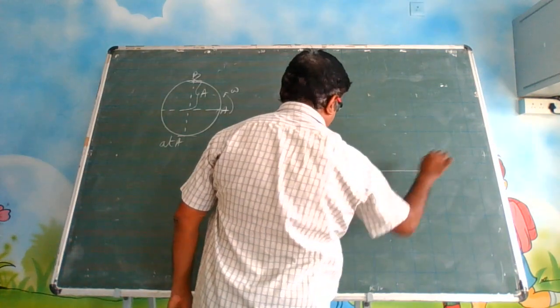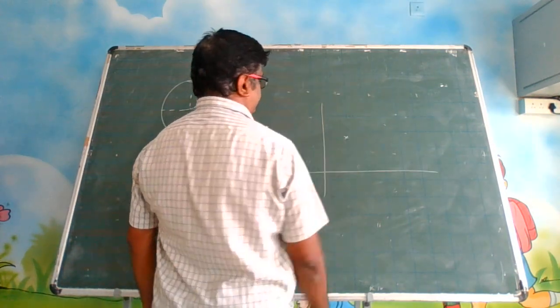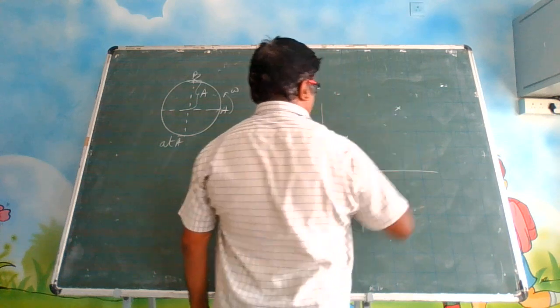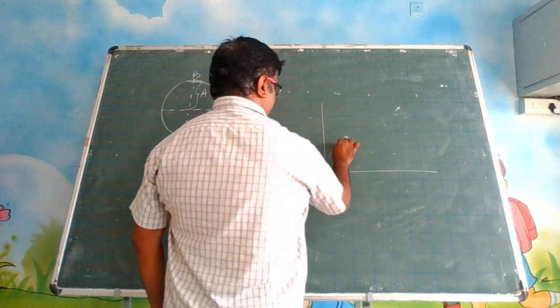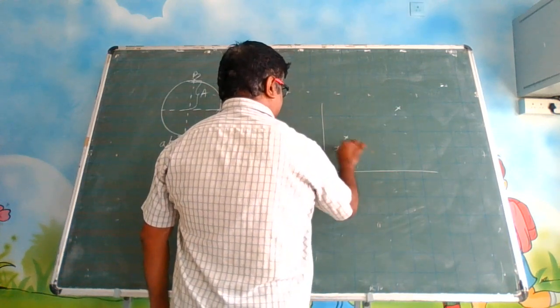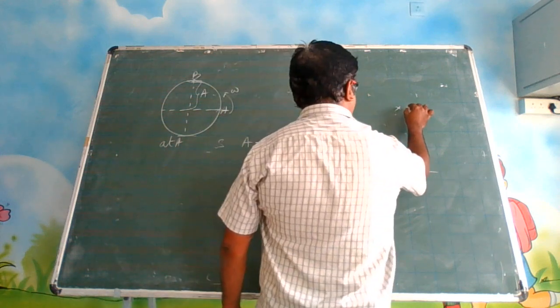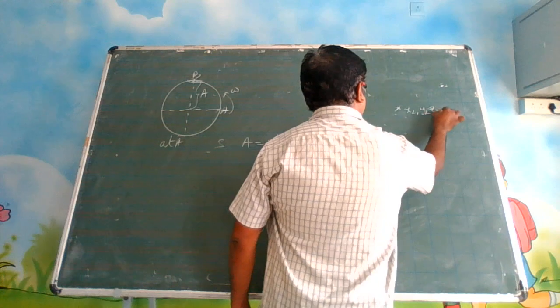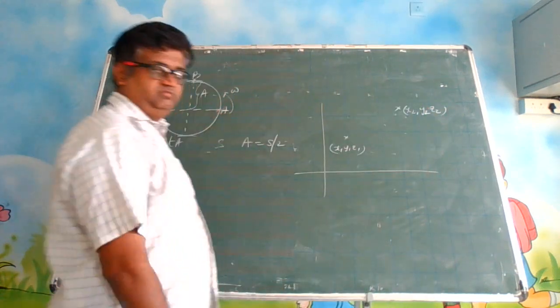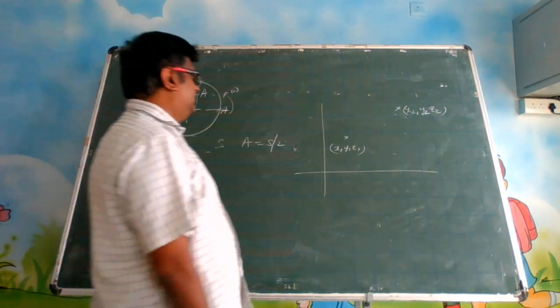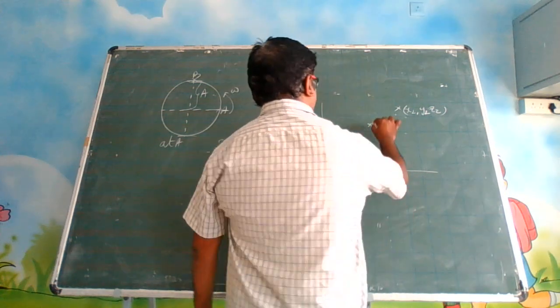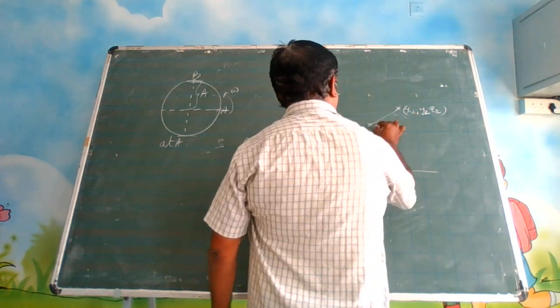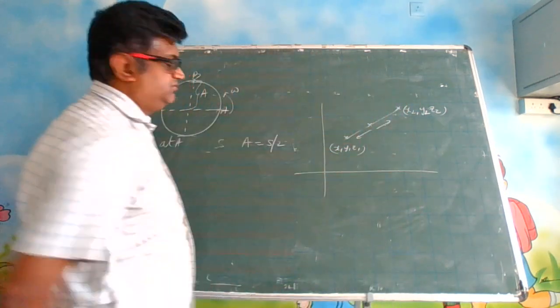Suppose I take a coordinate here, which is x1, y1, z1, and x2, y2, z2, right? And let us say a particle is oscillating between these 2 extremes.